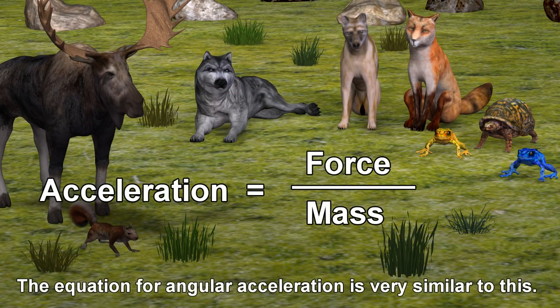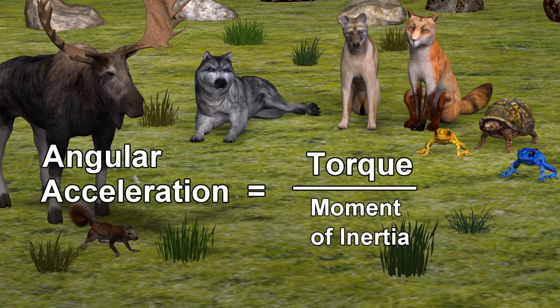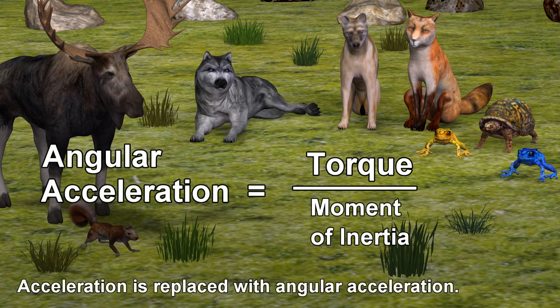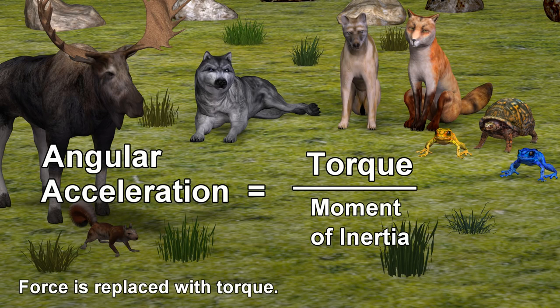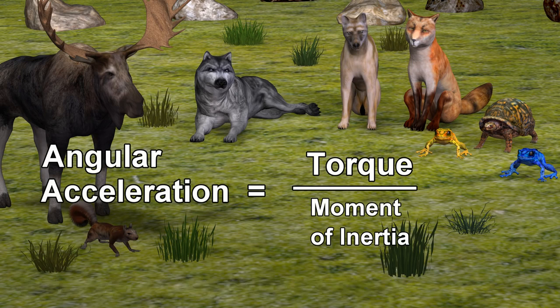The equation for angular acceleration is very similar to this. Acceleration is replaced with angular acceleration. Force is replaced with torque, and mass is replaced with moment of inertia. The angular acceleration is the torque divided by the moment of inertia.